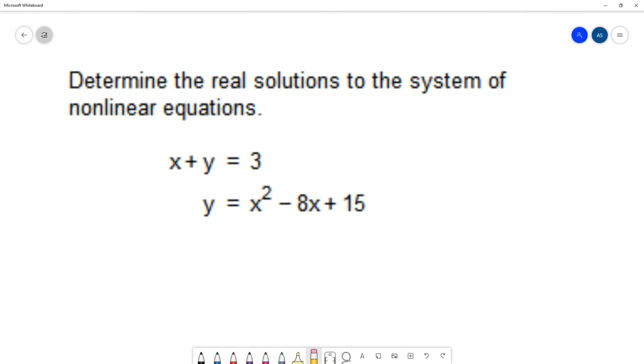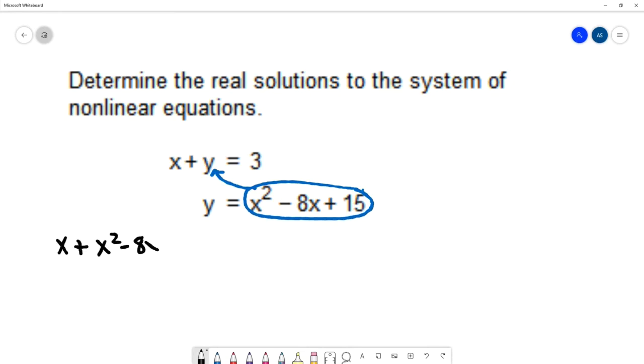I'm going to start off with substitution because the system already has a variable solved for. I'm going to substitute this right-hand side in for y in the other equation, and that will give x plus x squared minus 8x plus 15 equals 3.